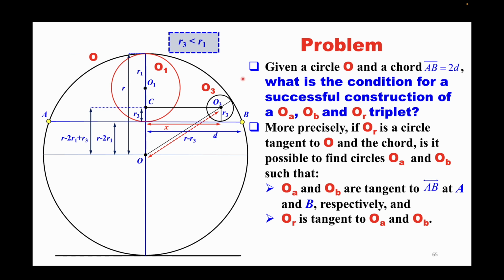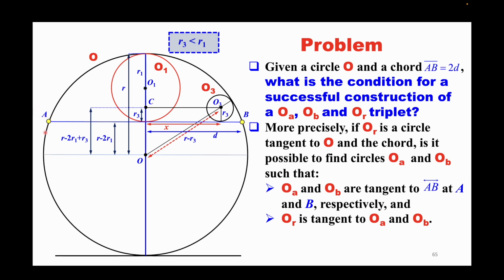Again, given a circle O and a core AB of length 2D. So our question would be, what is the condition for a successful construction of OA, OB, and OR triplet? Recall that in problem 5, we have a core to fixed point.